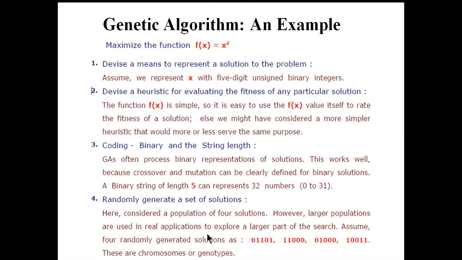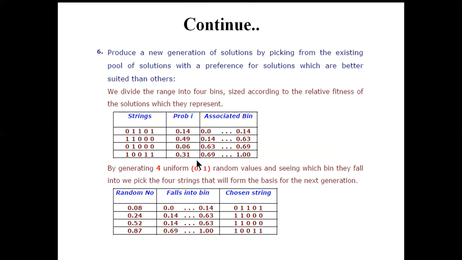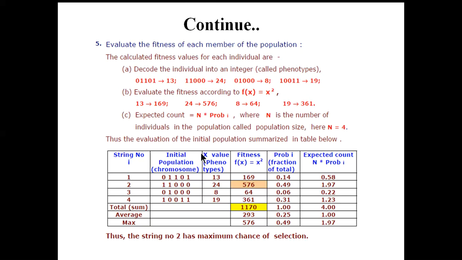Now let's discuss the randomly generated set of solutions. We consider that the population number is 4, so initially we generate 4 solutions, and then the roulette wheel criteria or process for selection is applied. You can see that the corresponding second string has the maximum chance of selection. How can we calculate this?